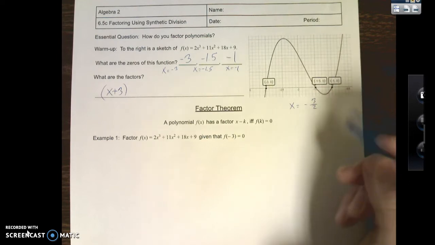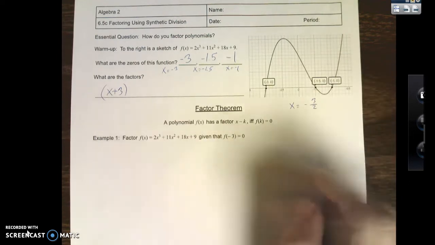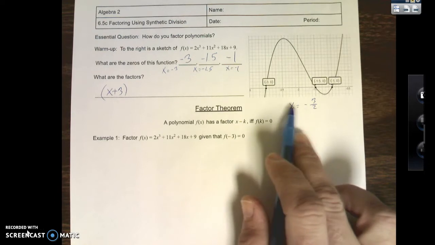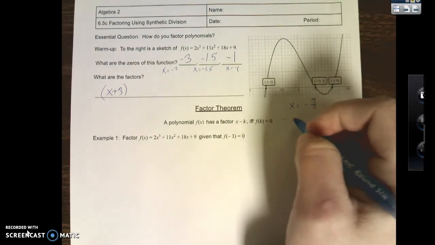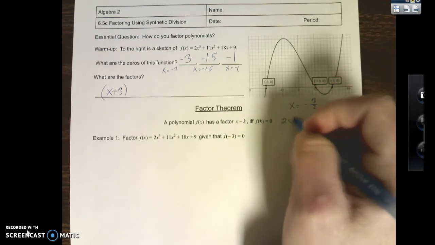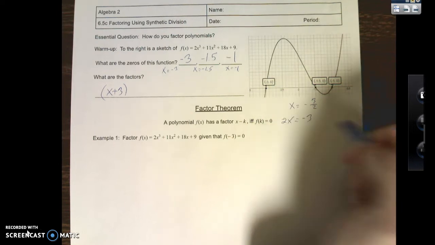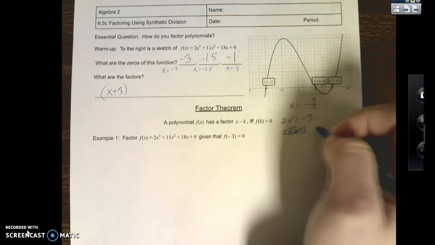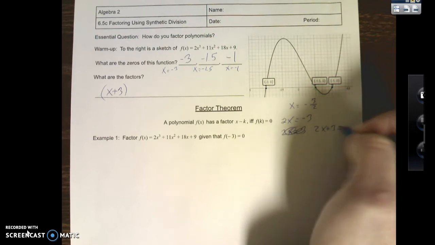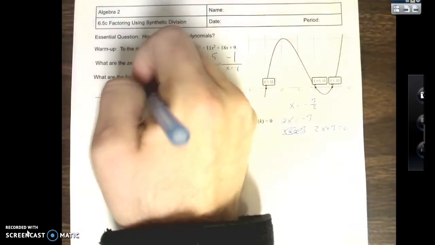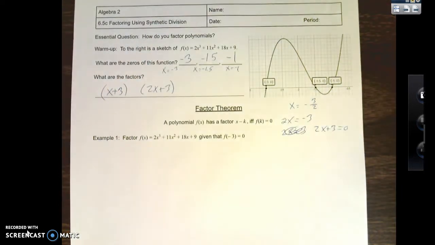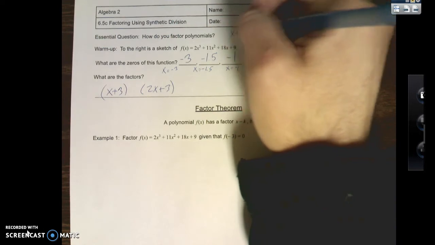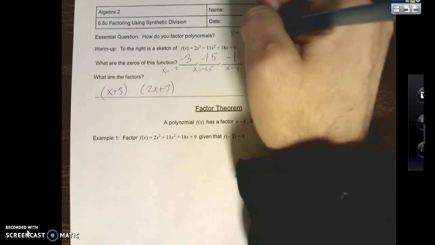You don't want to have fractions in your binomial. So what we can do is multiply both sides by 2, and I'm going to get 2x equals -3, and then if I add the 3 over, 2x plus 3 equals 0. So that's how we write out this binomial, all right? You wouldn't want to write it like x plus 1.5, all right?